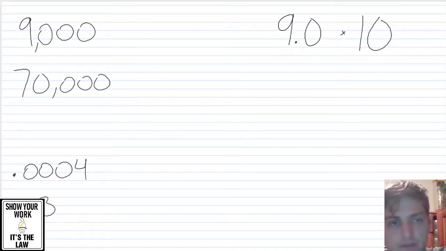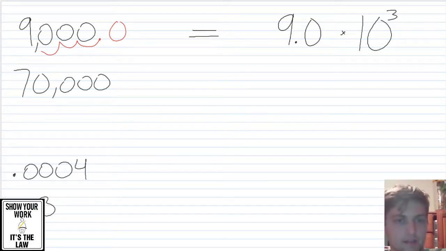So for example, in 9,000, we have a decimal point right here. And to get it to equal 9, we move the decimal point 1, 2, 3. So we multiply 9 by 10 to the power of 3, and that's the same as 9,000. And we'll do it again for 70,000.